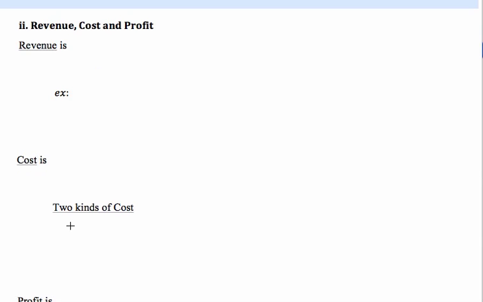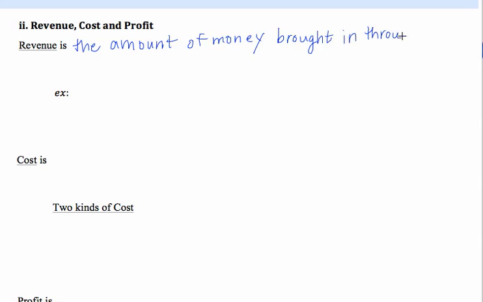So revenue. What is revenue? Revenue is the amount of money brought in through sales. So for example, and this is in your book too, say you're selling pizza, because it's a pretty simple, good example.